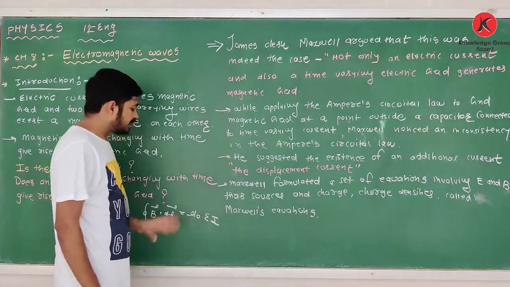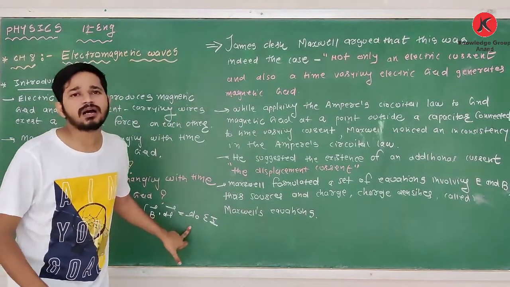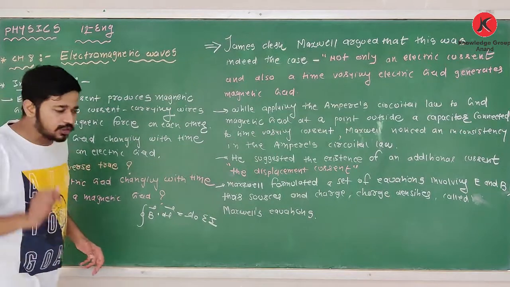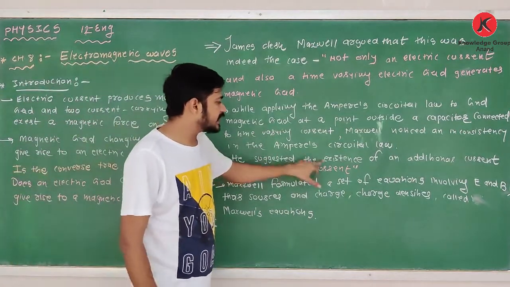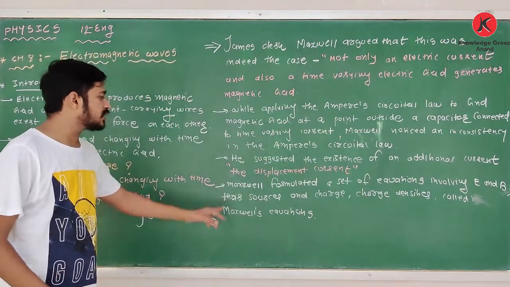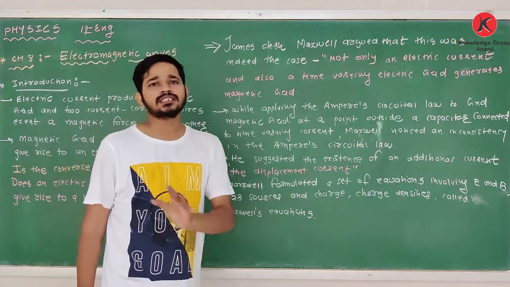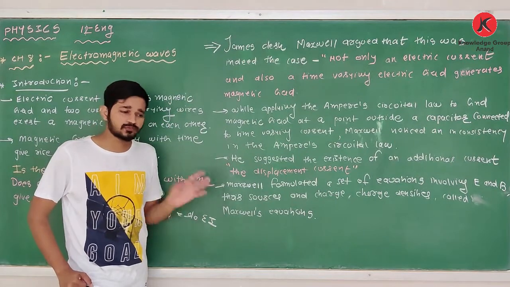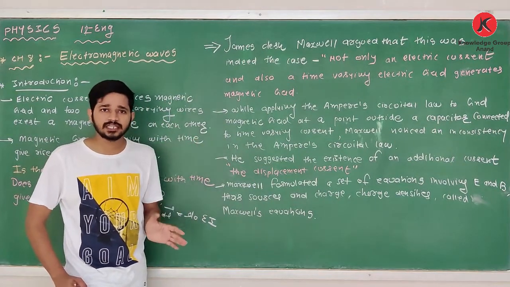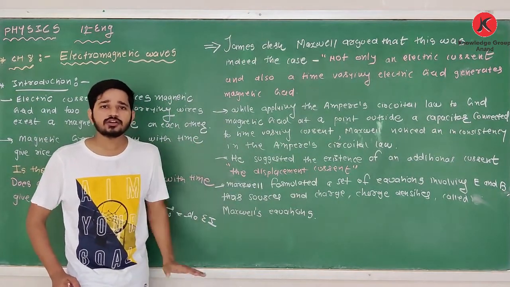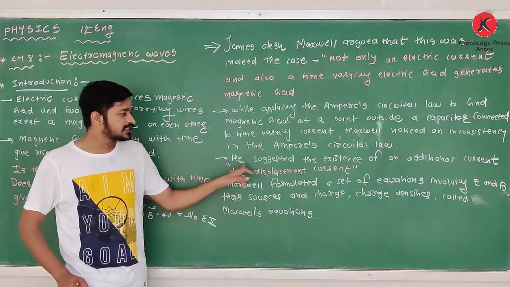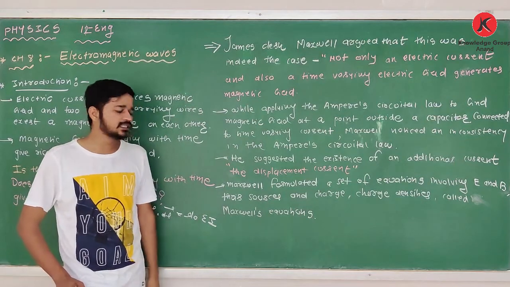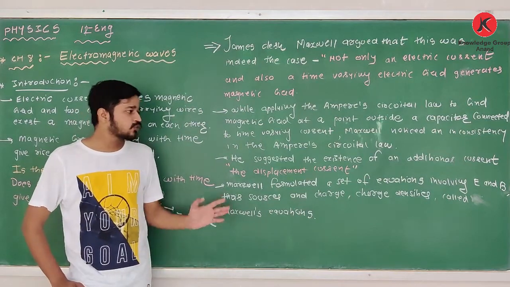On the right hand side we cannot write only mu 0 sigma I. He suggested the existence of an additional current, the displacement current. The current flowing from the battery in the outer circuit is not the only cause.